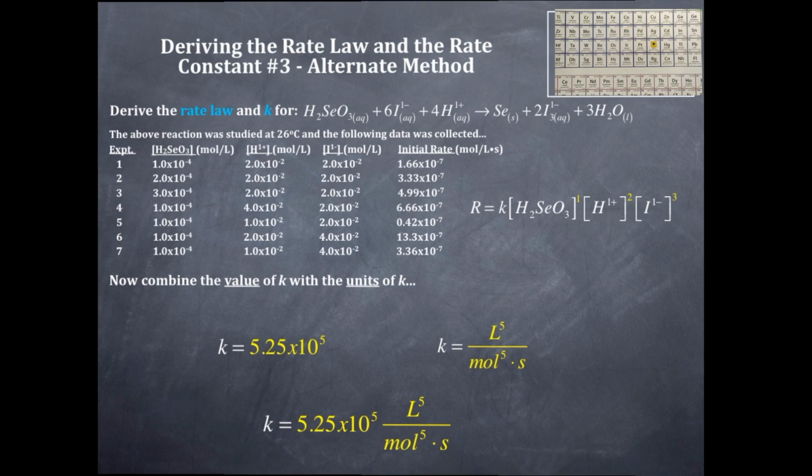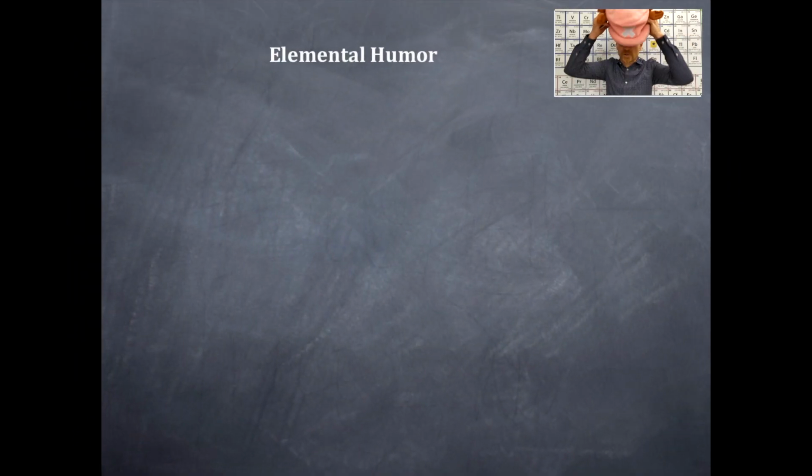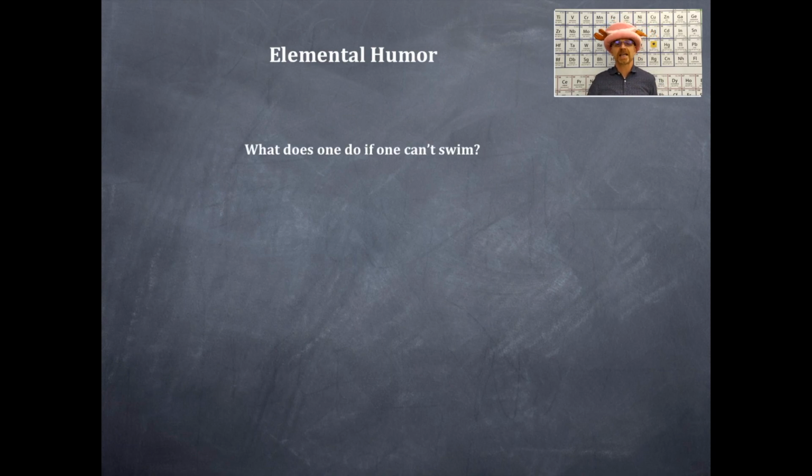Okay? Alright, so here's a little bit of elemental humor for you. I thought you were expecting me to wear that same root beer hat that I did on the two previous videos, but I decided not to. I'm wearing a different hat, and this is from One Piece. Apparently, that's what it's from. So here's some humor for you. What does one do if one can't swim?